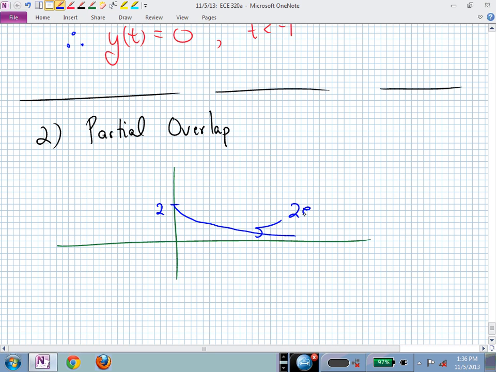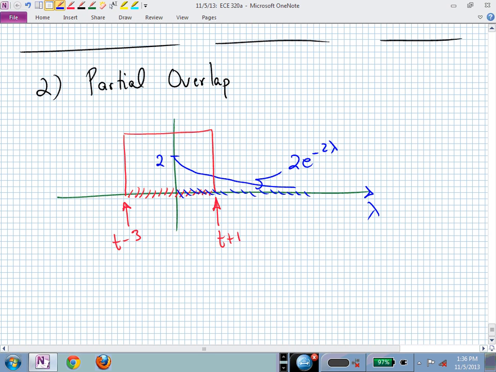This is now 2e to the minus 2 lambda. This is lambda. And now I want to slide x of t through a place where it's going to overlap, but I don't want to slide it all the way through, because that picture is going to be different structurally than this picture. This point is t plus 1. This point is t minus 3. This one's support interval is right there, and the other one has its support interval right there.